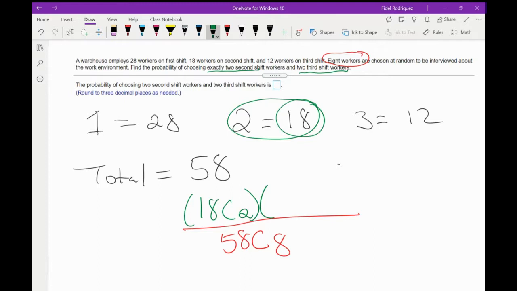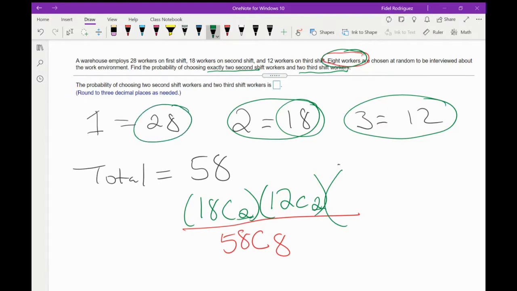From the third shift, we have 12, and we're also going to choose 2. But remember, we're going to choose a total of 8. Right now we've picked 2 and another 2, so we're still missing 4. Those 4 have to come from the other 28.